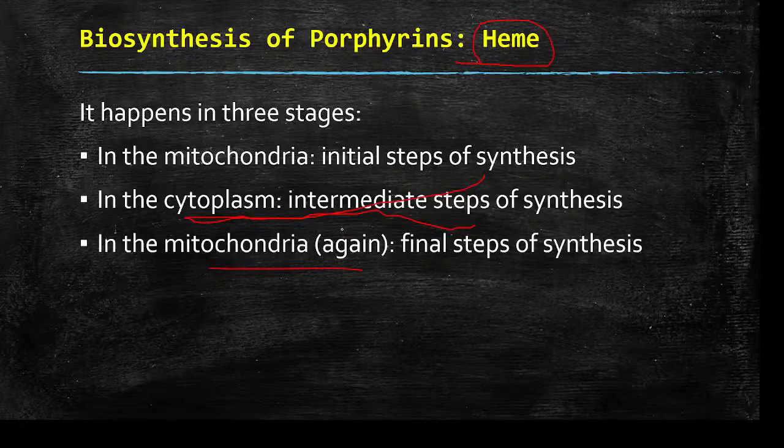So the intermediates will be moving in and out of the mitochondria. Initially the reactions will happen in mitochondria and the intermediate will move out of the mitochondria, and some reactions happen in cytoplasm. Again the intermediate will move into the mitochondria, where the final steps of heme synthesis happen. Now we'll look into the pathway.